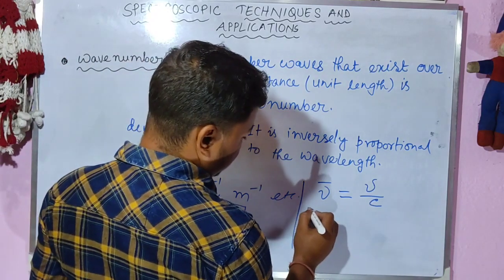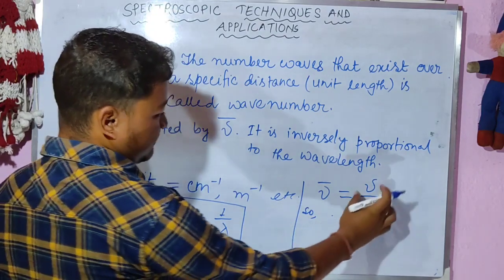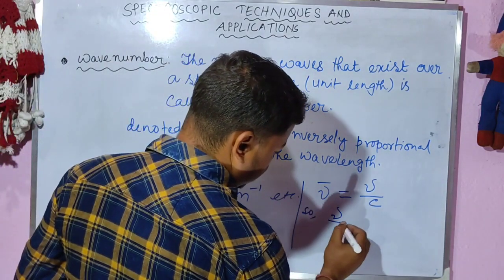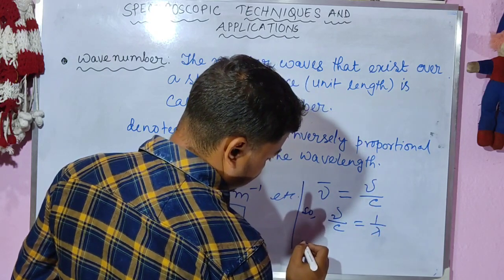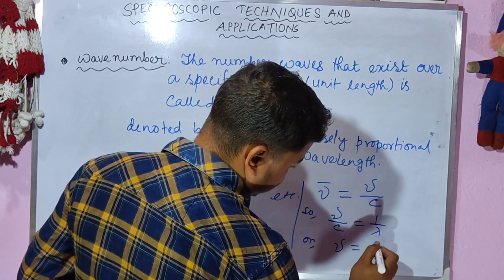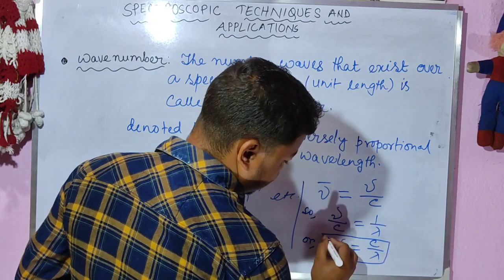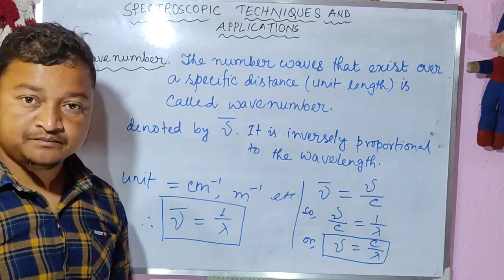Okay, so if we put this value here, nu by c equals 1 by lambda, or nu equals c by lambda. This relation is important for mathematics.